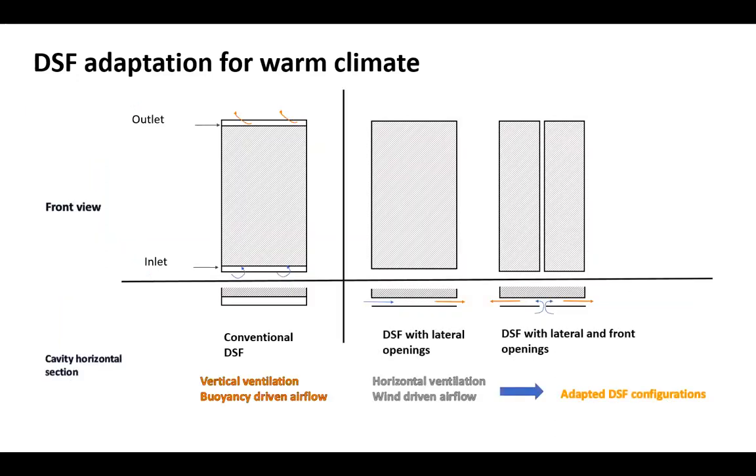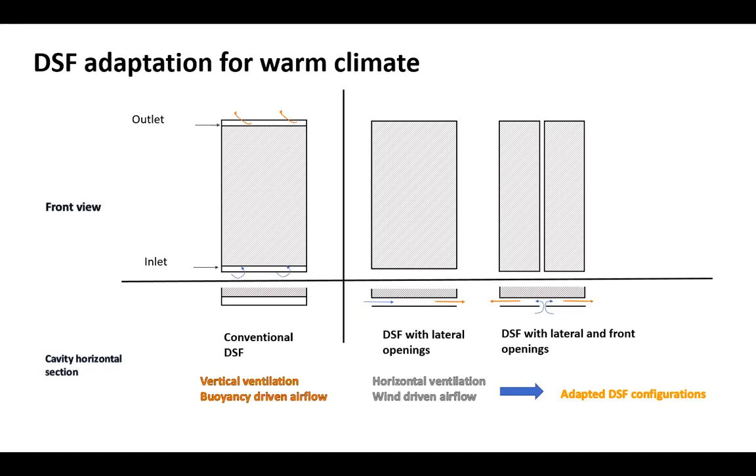Comparing the conventional type of double skin facade and proposed double skin facade for warm climate, we can see that in conventional double skin facade, ventilation is as a result of buoyancy-driven airflow. But we need a stronger force for cavity ventilation, which could be provided by wind-driven airflow.